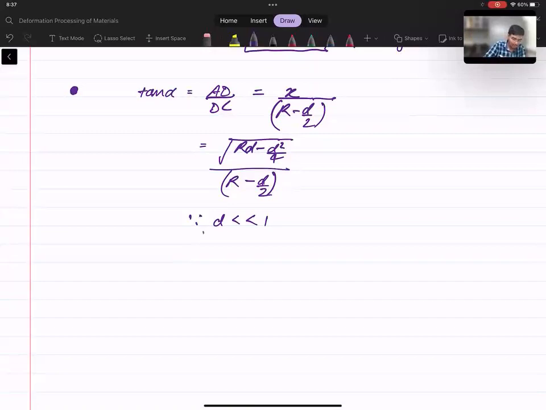So in that case, this D square by 4 becomes very small, so it can be considered negligible. Also the same goes for D by 2. So these are negligible.